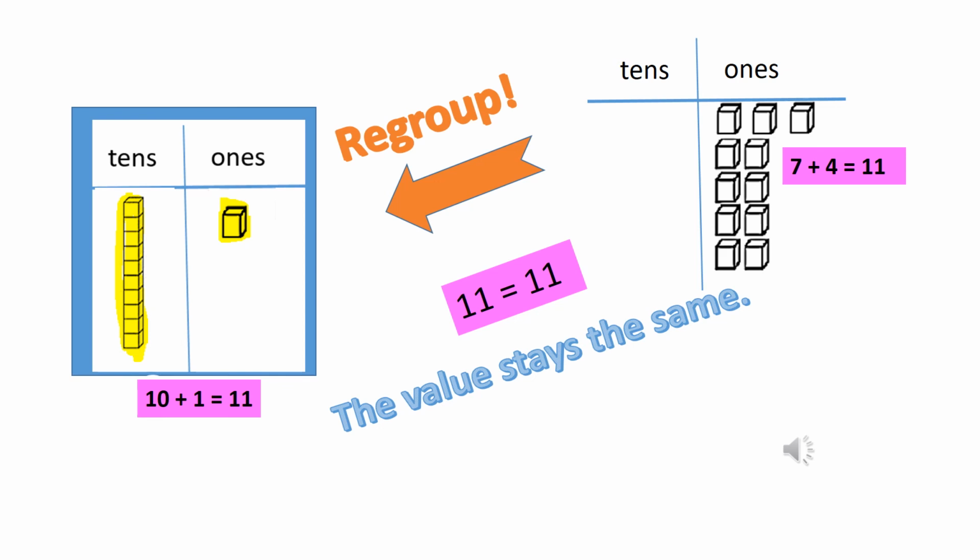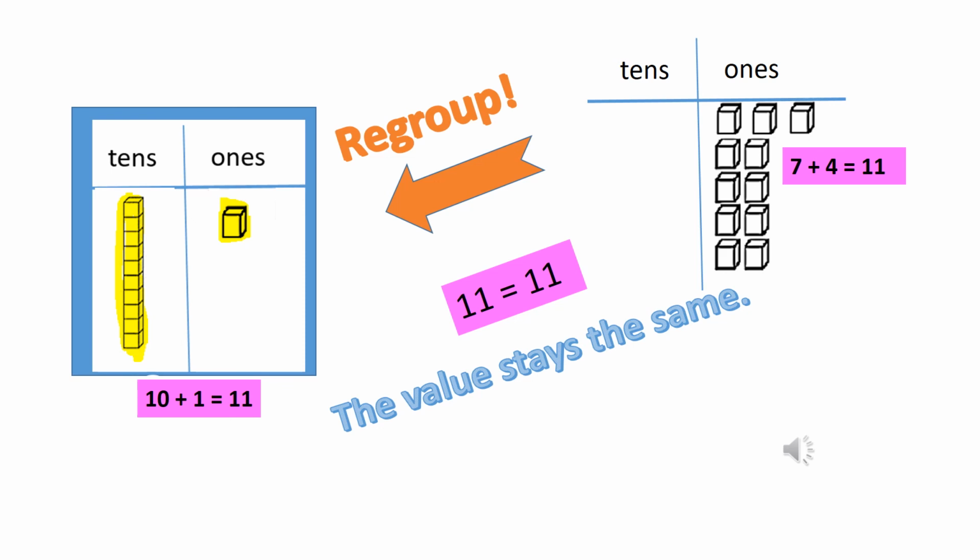When we counted out 10 little cubes and we regrouped them and put them in the tens place as 1 10-stick, and we had 1 left over in the ones place, did you notice that the value stayed the same? We started with 11 little cubes in the ones place, and we finished with 11.